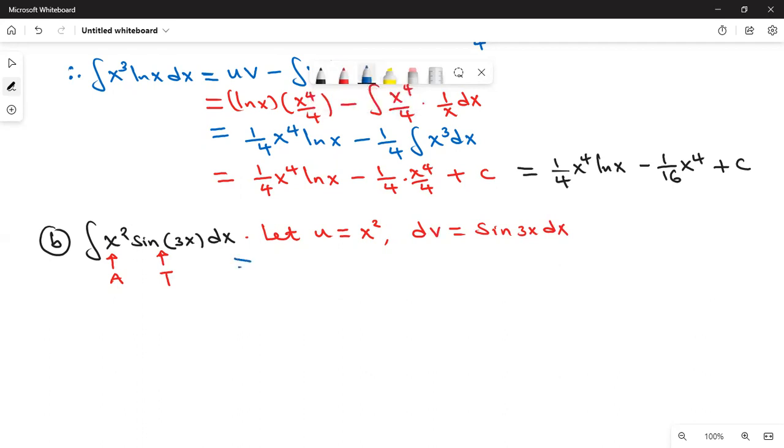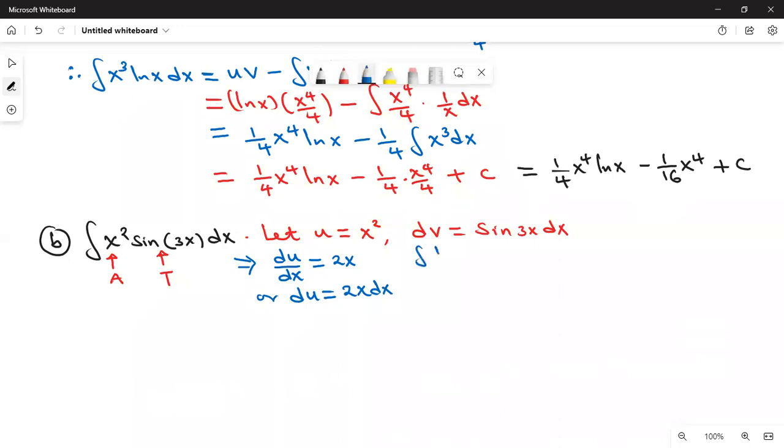Differentiate u, so the derivative of u with respect to x is equal to 2x, or make du the subject, du is equal to 2x dx.